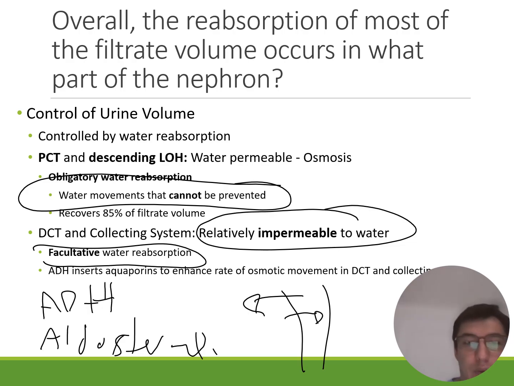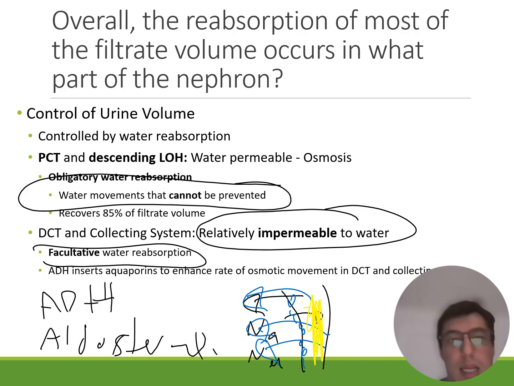So by having more aquaporins in the membrane and by having more salt, we're going to lead to an overall pool of water into the human body. Remember, all of this, what is in here is the urine, all right?